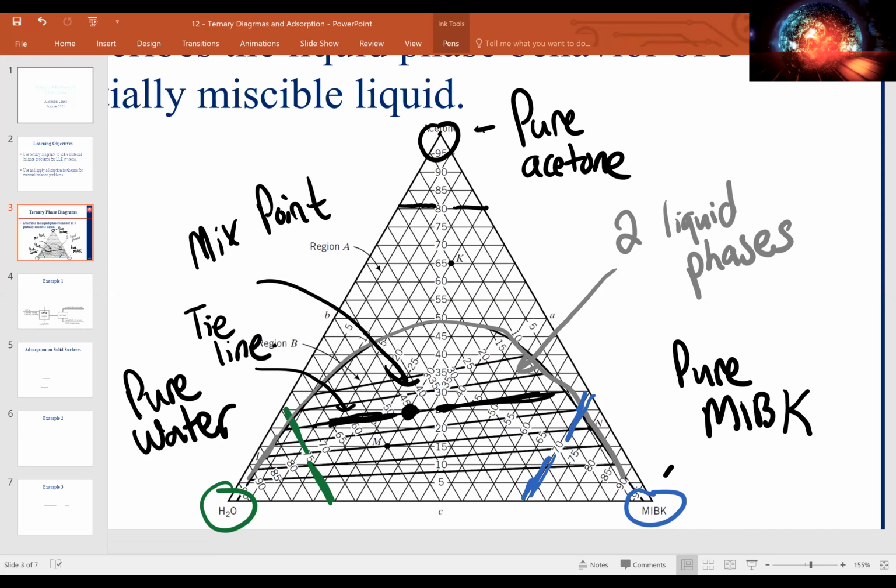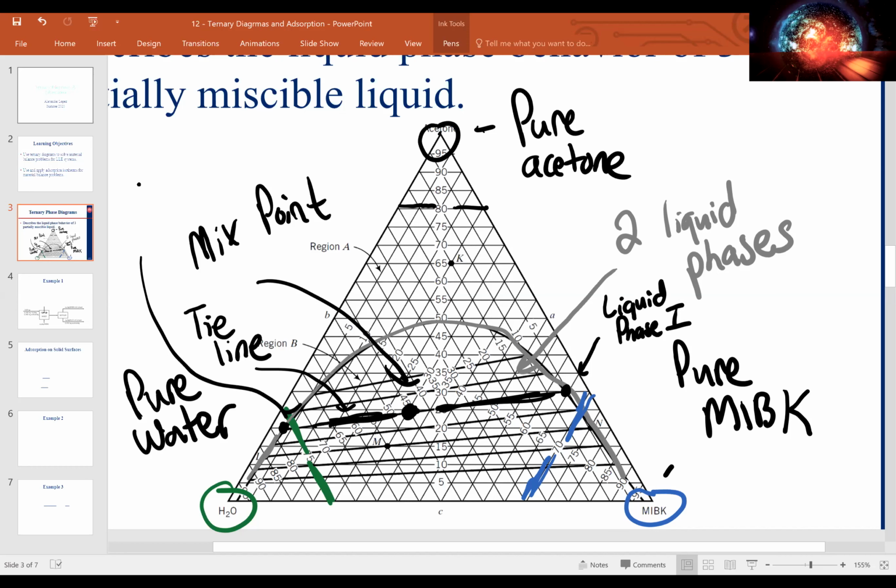It tells me where my liquid phases are going to form, or it's going to tie those two liquid phases together. So I would follow the line to the edge of this envelope. And this would tell me where my liquid phases would be. This would be liquid phase 1. And I know this is getting messy. Liquid phase 2.